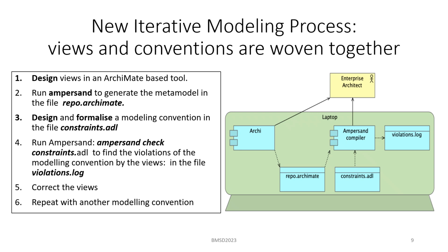The third step is to design and formalize a modeling convention in the file constraints.adl. The next step is to run Ampersand to find the violations of the modeling conventions by the views. The violations appear in the file violations log. With all this information about violations, one can correct the views and repeat with another modeling convention.